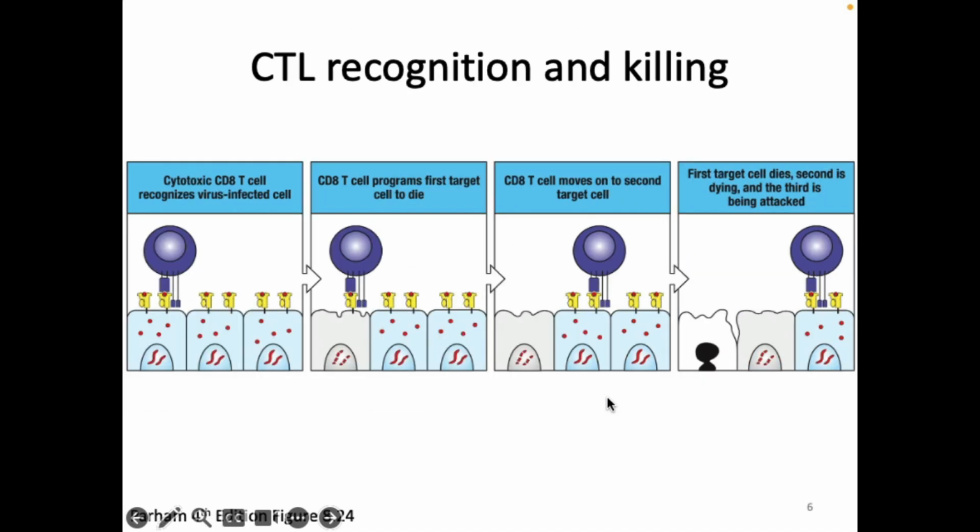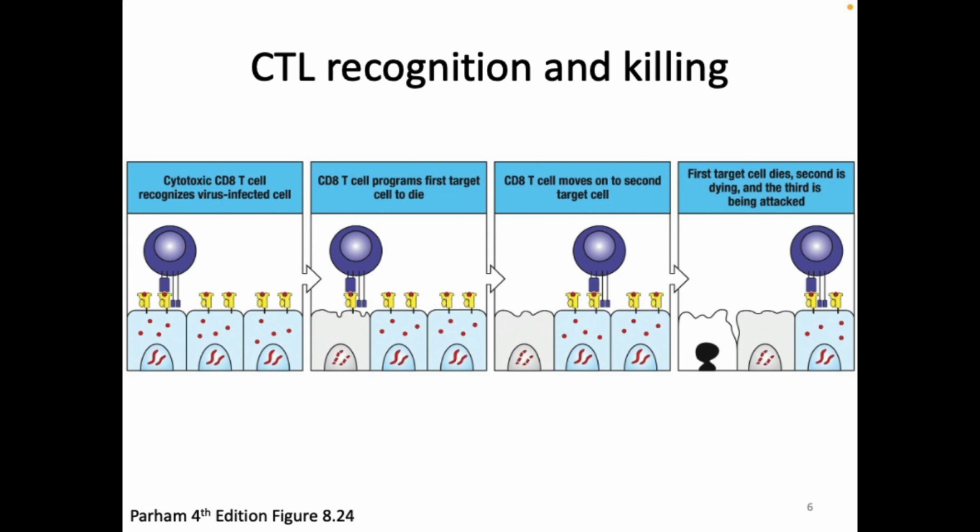All right. And so here you can again see sort of your textbook's version of the CTL killing. So notice that the CTL is making specific contacts with one infected cell. It is inducing that infected cell to undergo apoptosis. The CTL is not harmed in this process. It can sort of detach and go find another cell to kill.